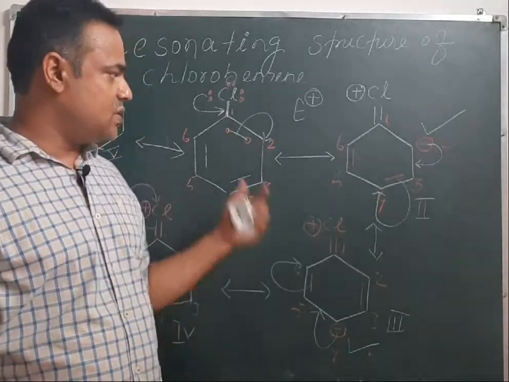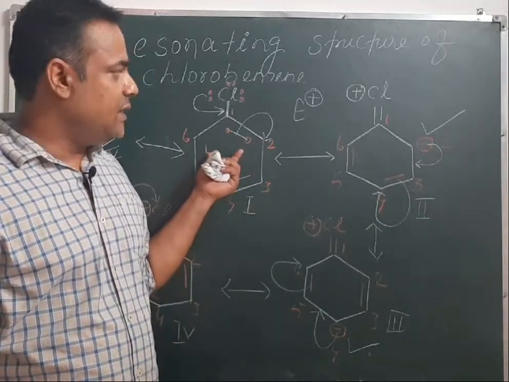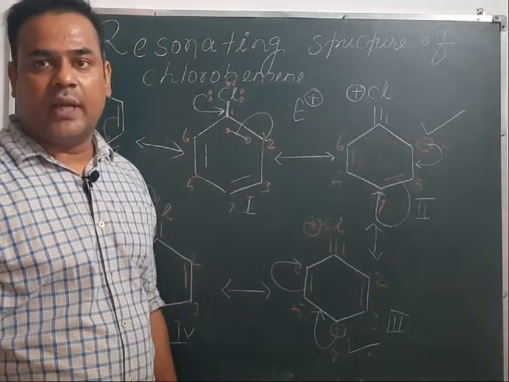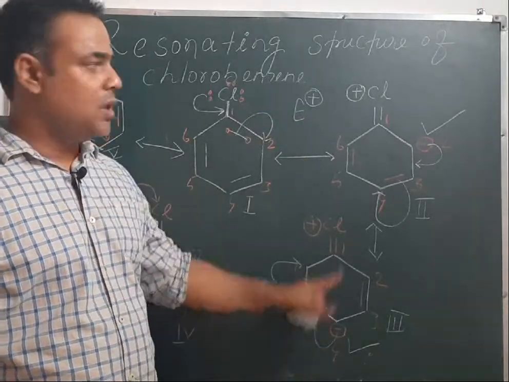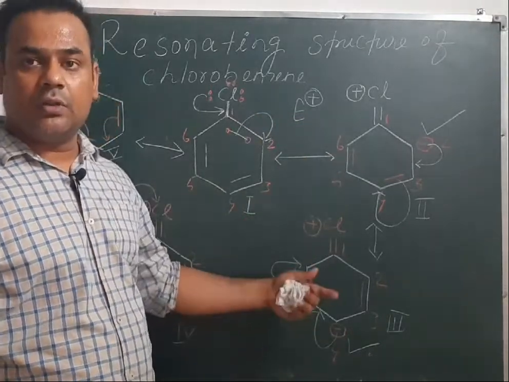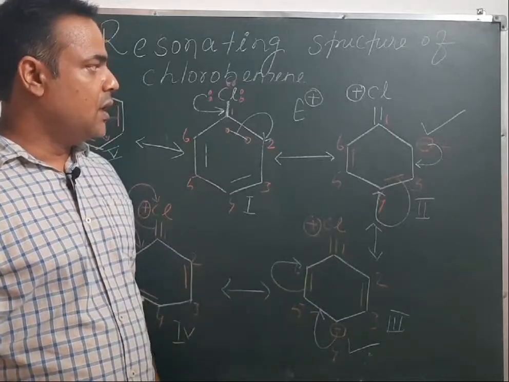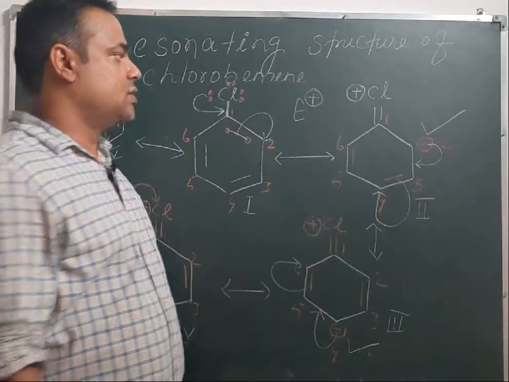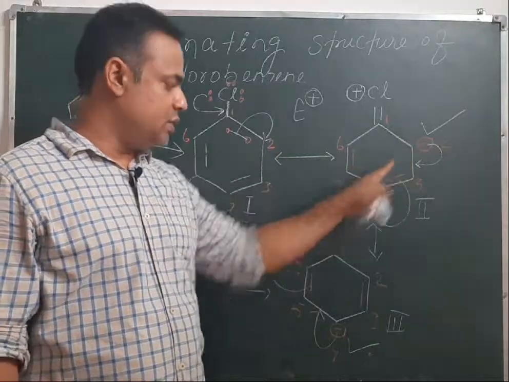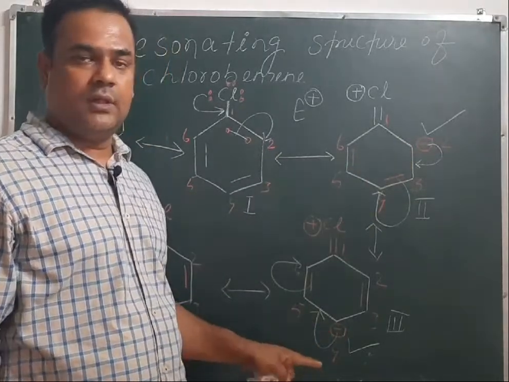Means if an electrophile comes and attacks the benzene ring, then this electrophile will go at 2 and 4 position or 6 and 4 position, ortho and para position. So this electrophile will go either at 2 position or 4 position.